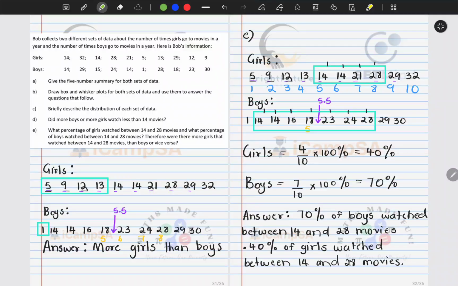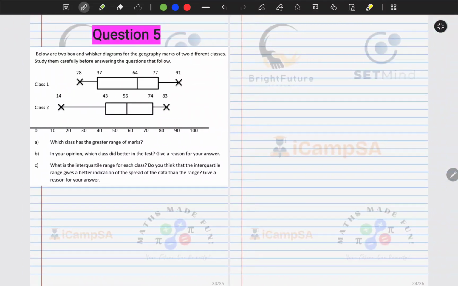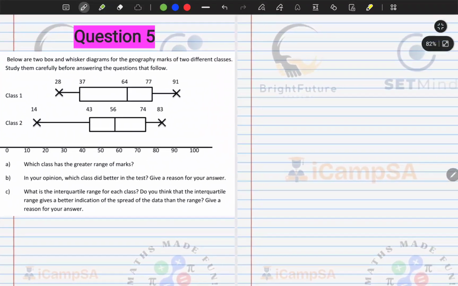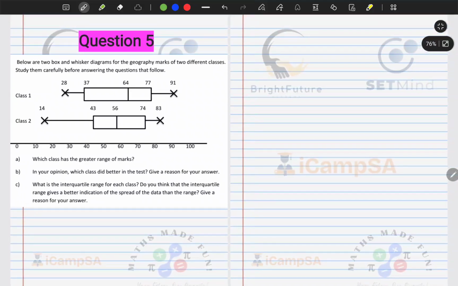I hope that it does make sense. So we looked at D and we looked at E. Okay, so done with that, guys. Now let's have a look at question number 5. We're looking at this below.